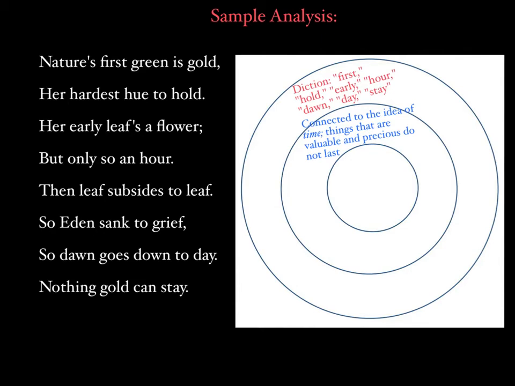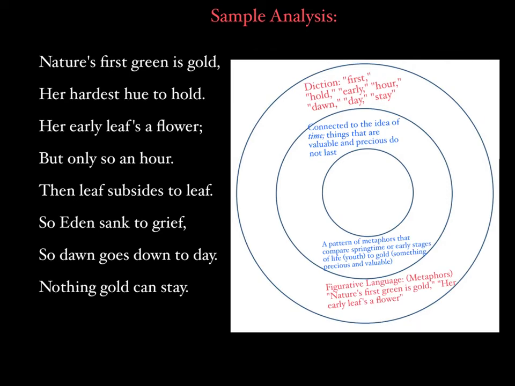But I suspect that if we analyze a few other concrete details and come to some other conclusions, we might be able to come up with an even better theme than what we would with just these details. So I'm going to find out some more things for the outer rings. Now I've added some concrete detail in the outer ring.